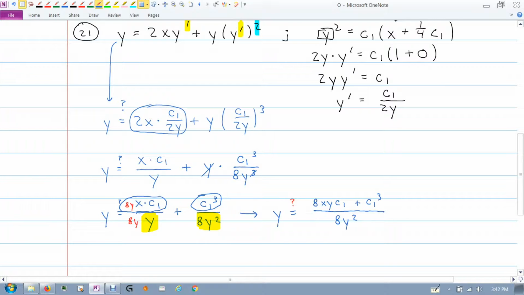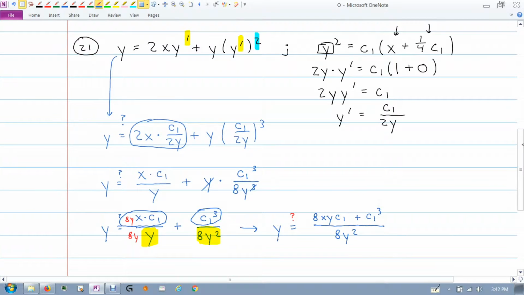Now, we know what y squared is. That was given to us up here. That's kind of the reason I got that common denominator. Let's remember up here that y squared was this. So let's just plug that in and see what happens.